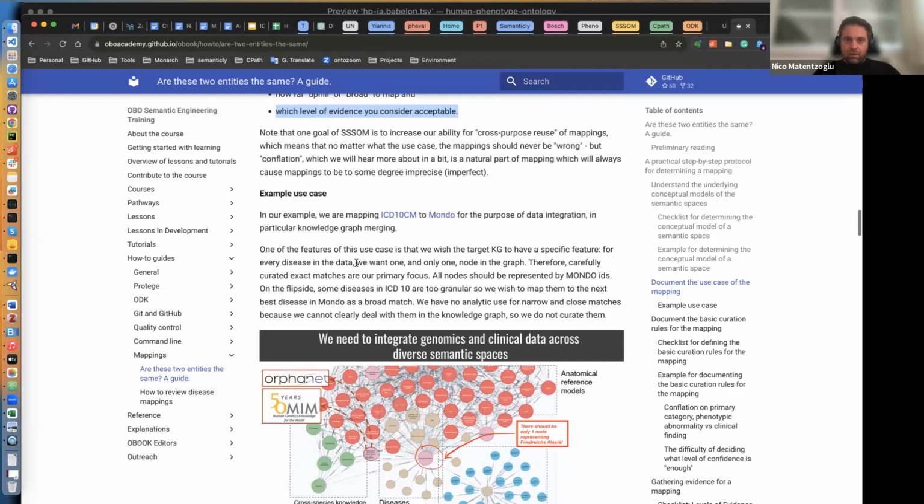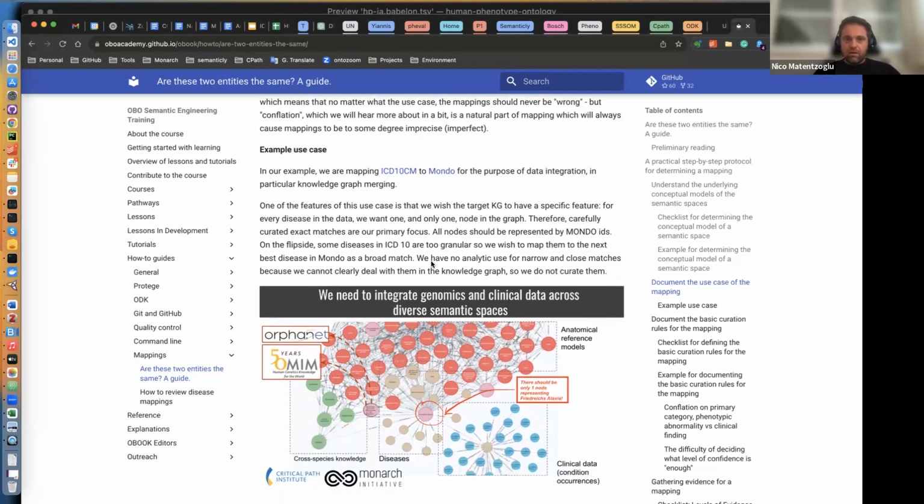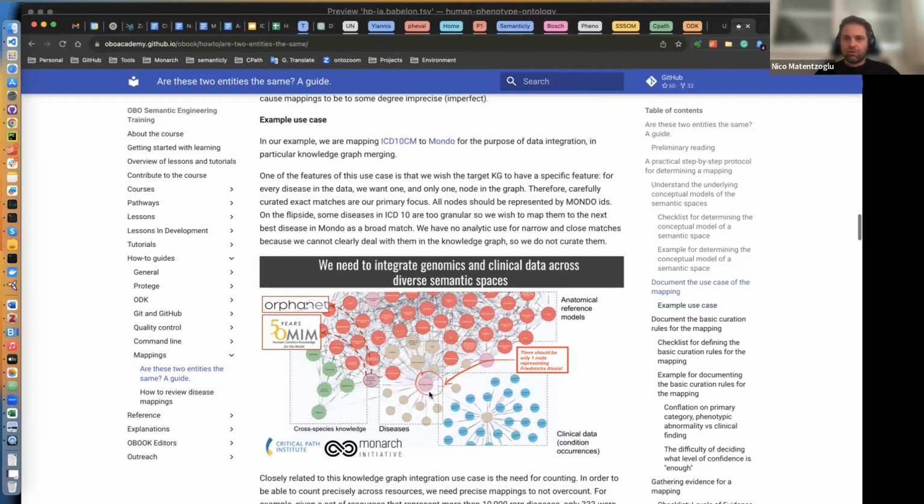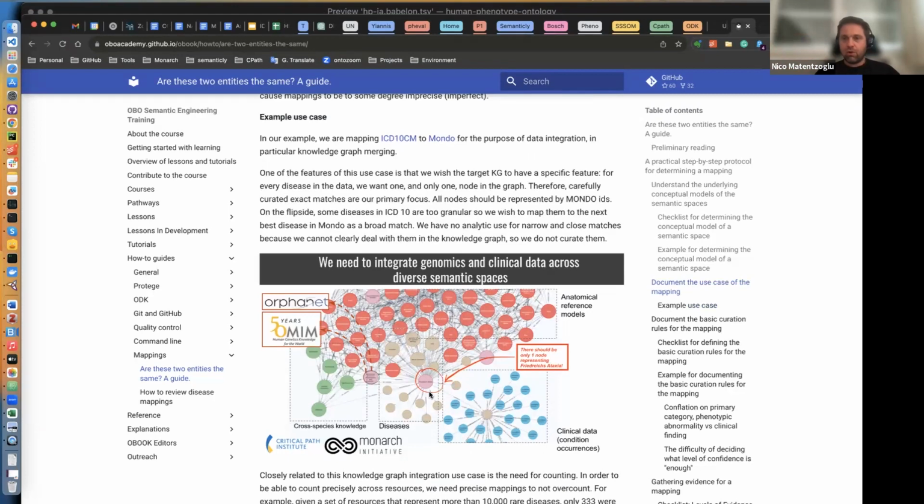Yep, so let's go to this example use case here. In this use case for today, we have the typical Mondo slash CPath slash Monarch Initiative slash many other knowledge graph integration initiatives. Let's say that we want to build a knowledge graph that integrates information about diseases.